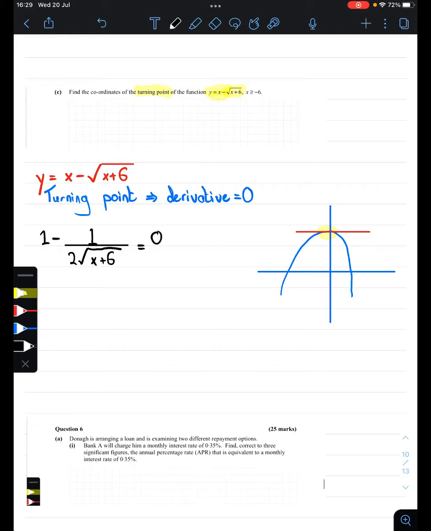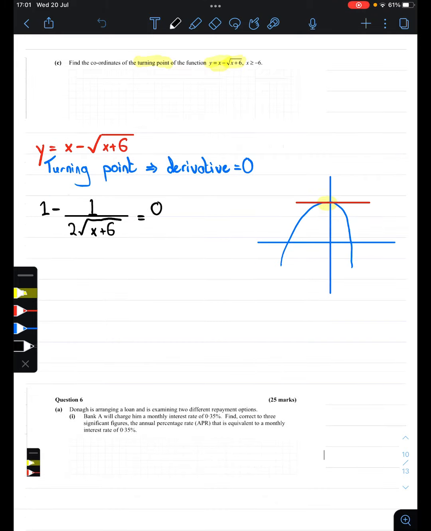We want to find the x coordinate at which this happens. So if we bring this over, we get 1 equals 1 over 2 root x plus 6. And then we multiply both sides by 2 root x plus 6.